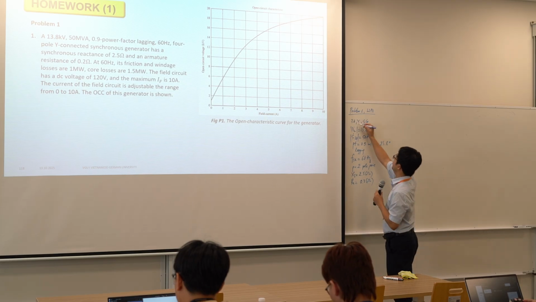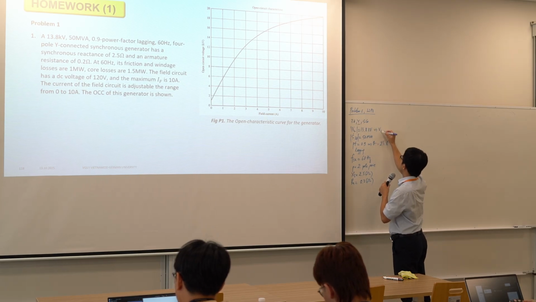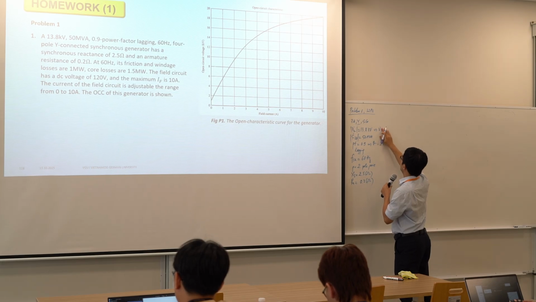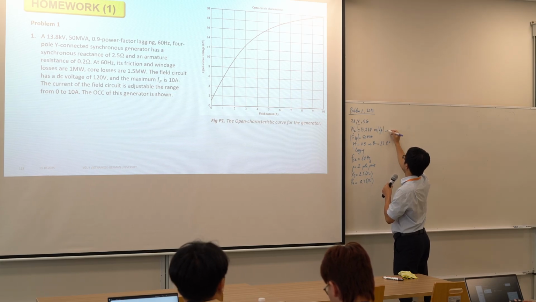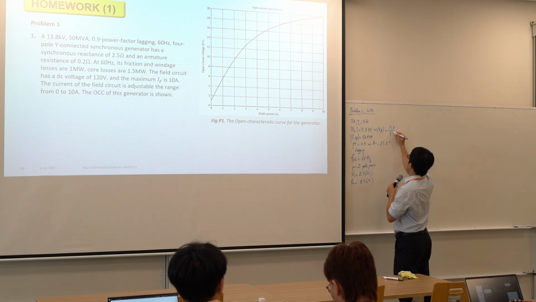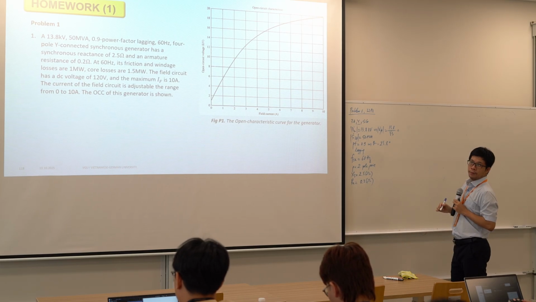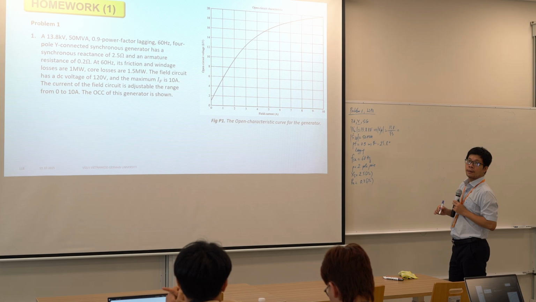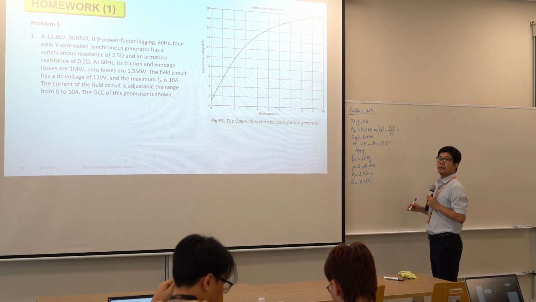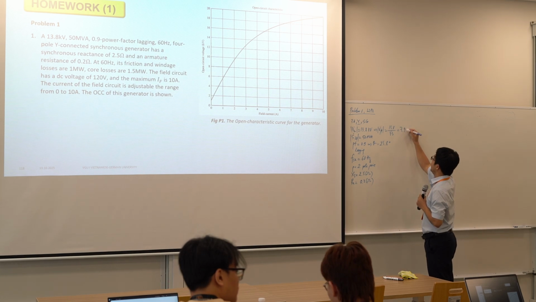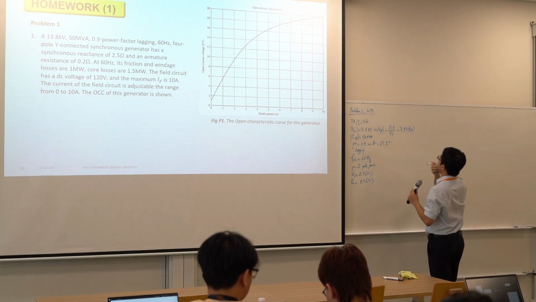This is Y connection, so we calculate the phase voltage: 13.8 divided by square root of 3, about 7.97 kV.